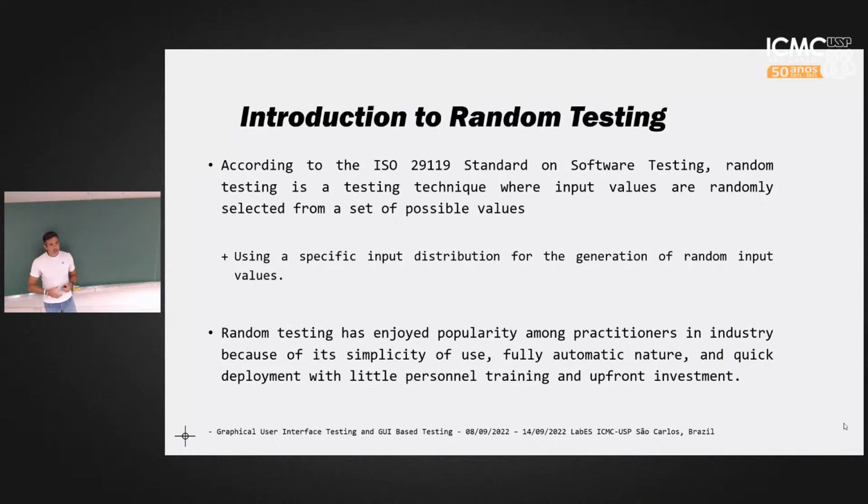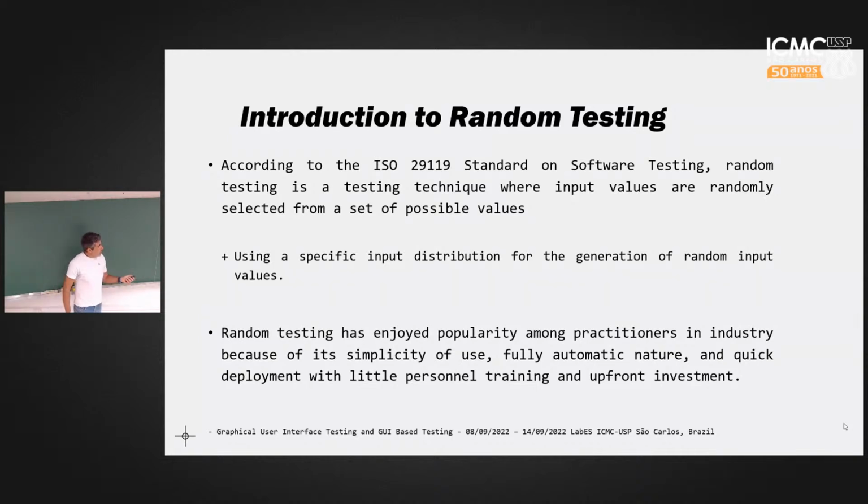As an example, let's consider a function, imagine a function that has just one argument that is an integer value. By random testing, we choose integer values by random. Okay?